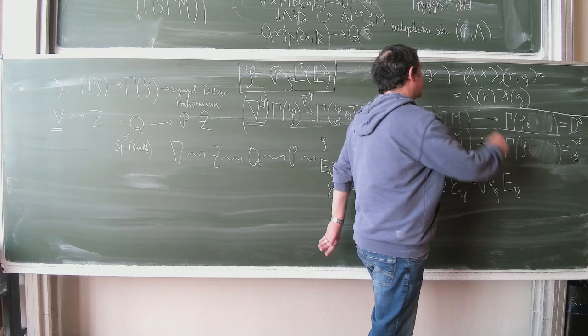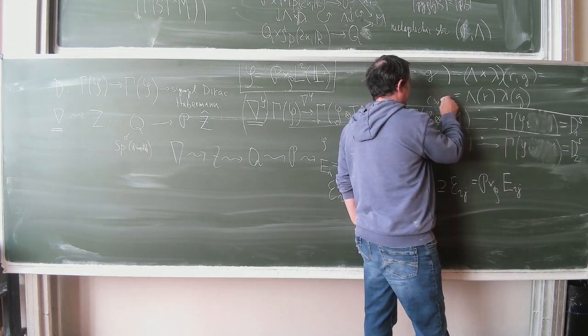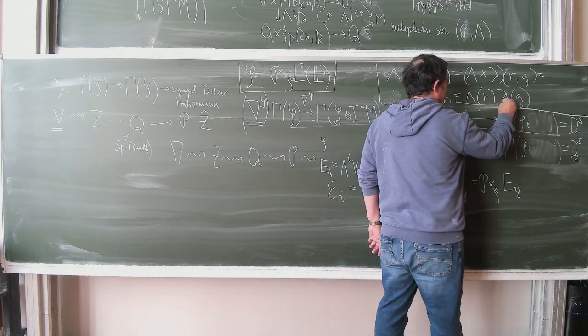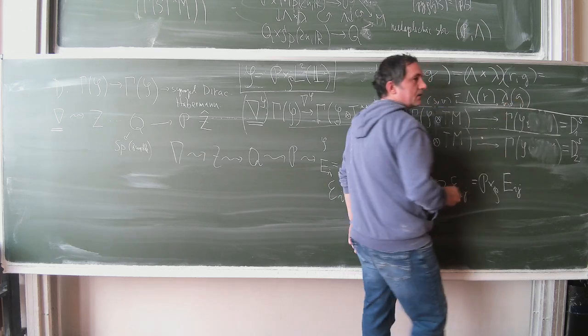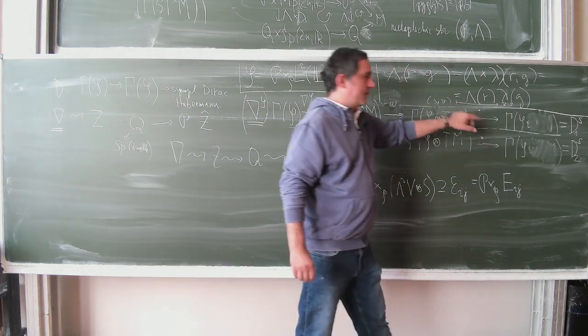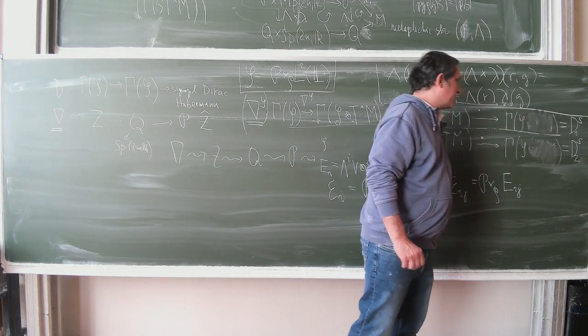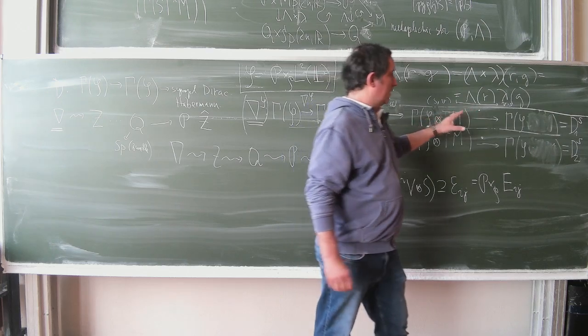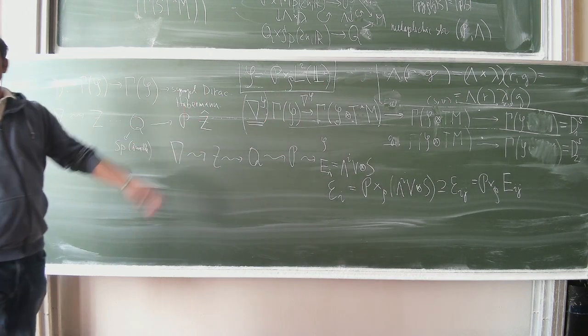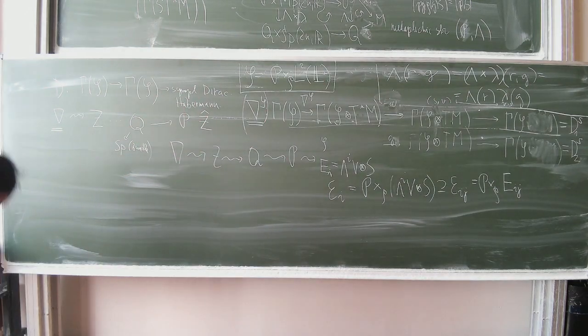Here we have S times V, and we produce just V times S. This is what is meant by this arrow. Otherwise, it's not clear what's going on. We can let that vector be, but it's better really to have only spinors.